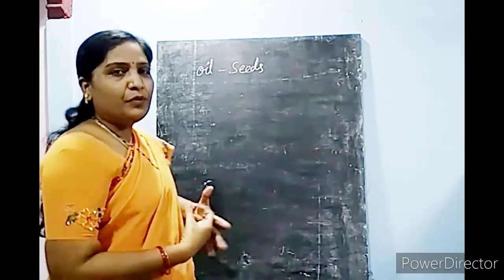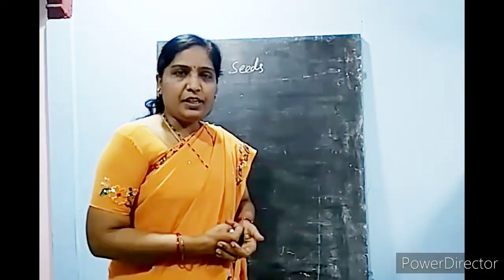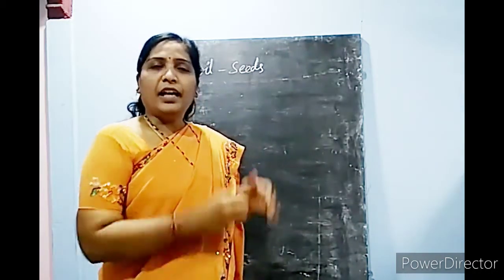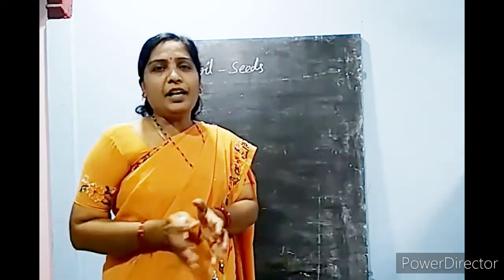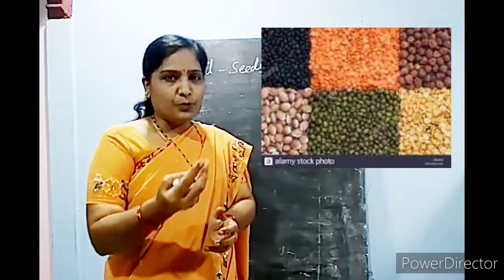Okay, so before knowing the concept, you go to your kitchen and collect different types of seeds and try to divide them. You separate those seeds which you are collecting from your kitchen.